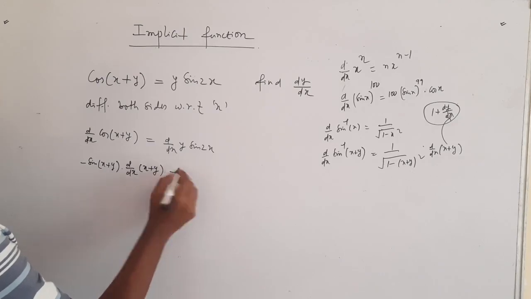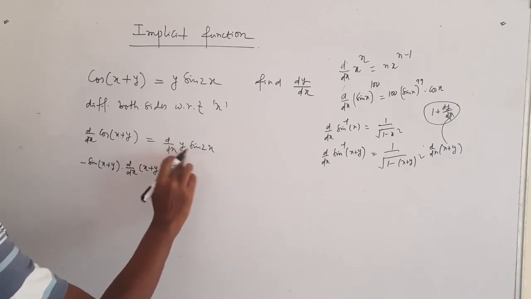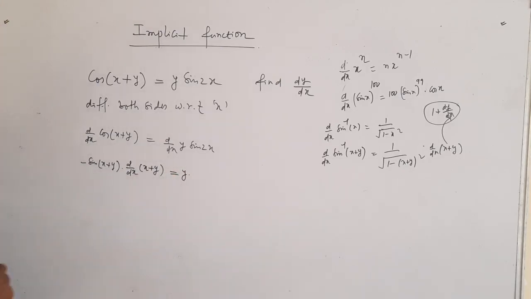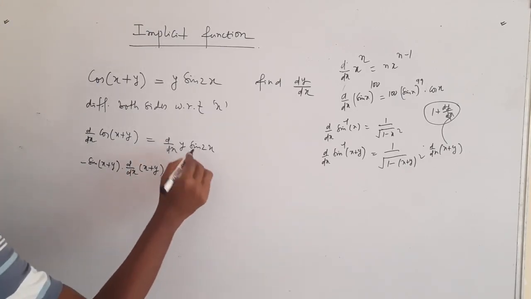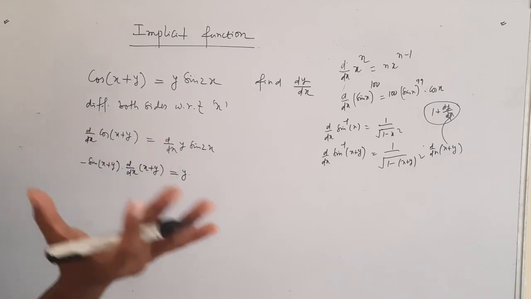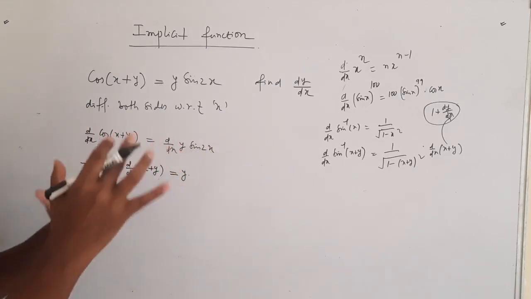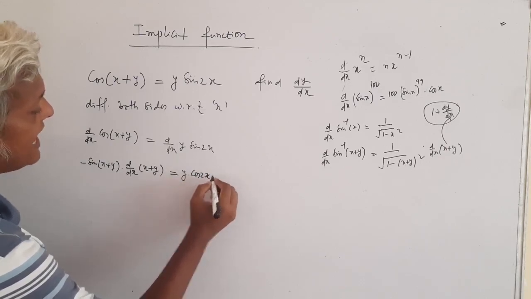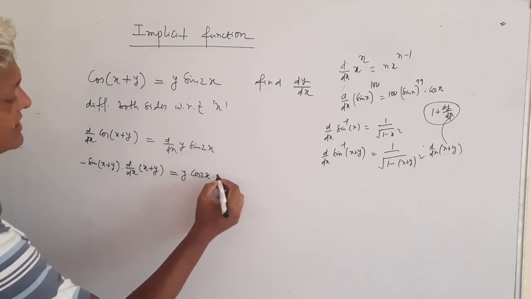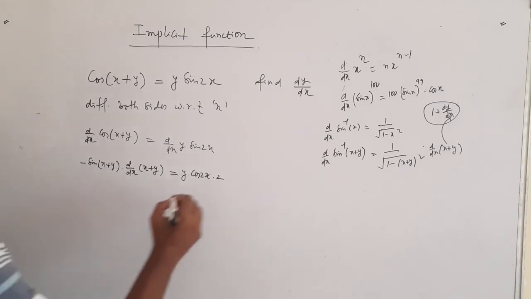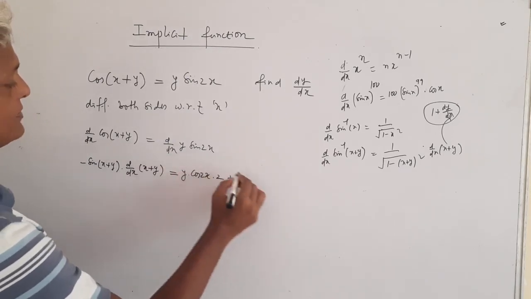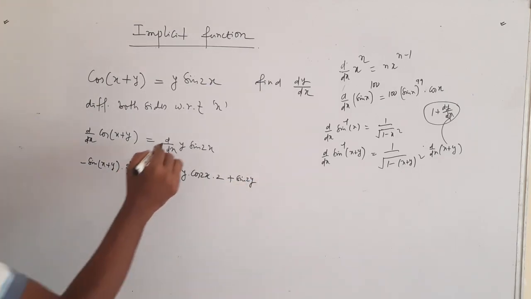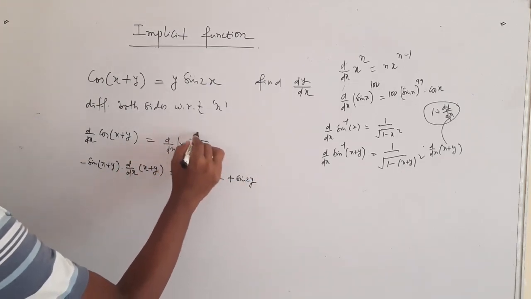Now on the right hand side, this is a product of two functions, y and sin 2x. So I keep y constant and differentiate sin 2x. What is the differentiation of sin x? Cos x. So for sin 2x, you write cos 2x and the differentiation of 2x, that is 2. Plus, next time you keep sin 2x constant, because we are using the uv rule, this is my u and this is my v.